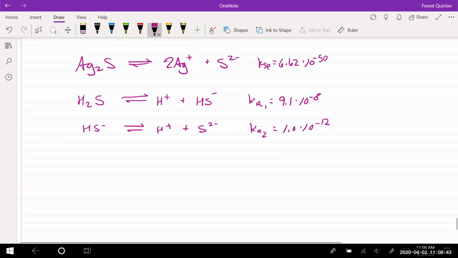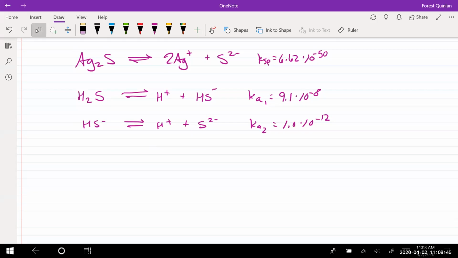And here's where it gets kind of interesting, because this right here has to be aqueous in the first place. So how do we get hydrogen sulfide to be aqueous in the first place? Well, we take hydrogen sulfide gas plus water.